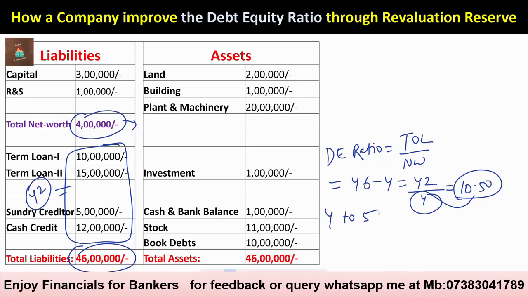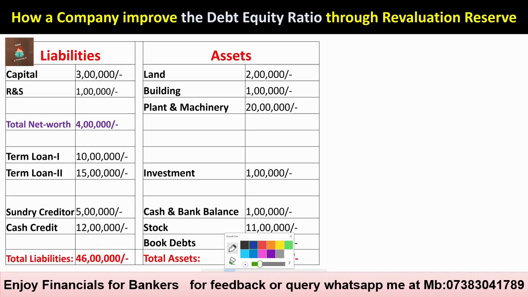So now chances are that the company may not get the loan from the lenders, right? So what will they do? They will try to manipulate the information. How will they manipulate it? Simply, they will go for the revaluation of the land, and on the revaluation they find that the valuer has given a valuation report of 20 lakh rupees.